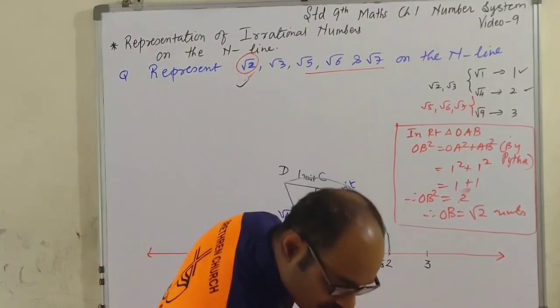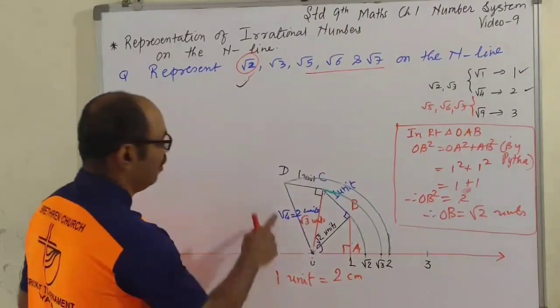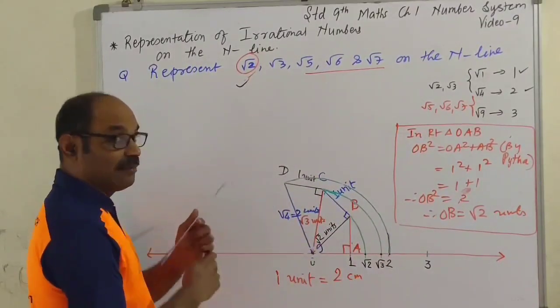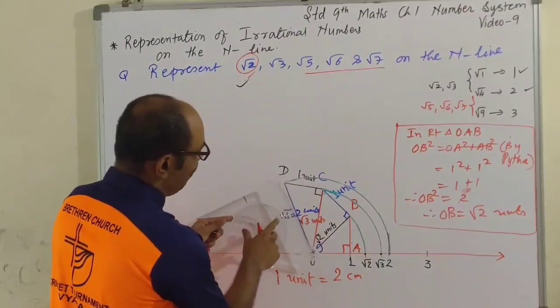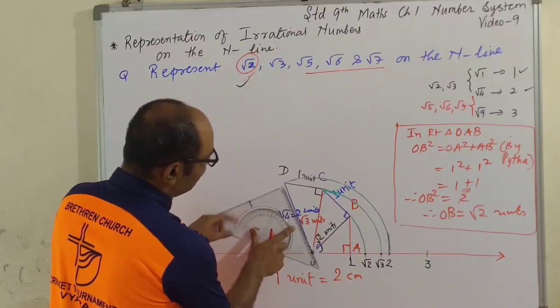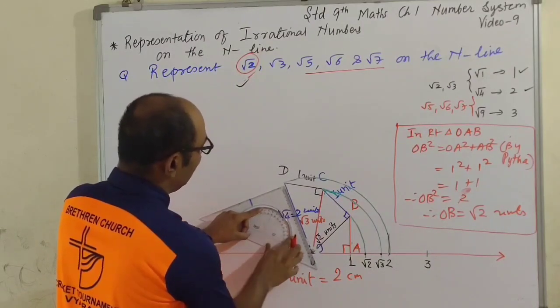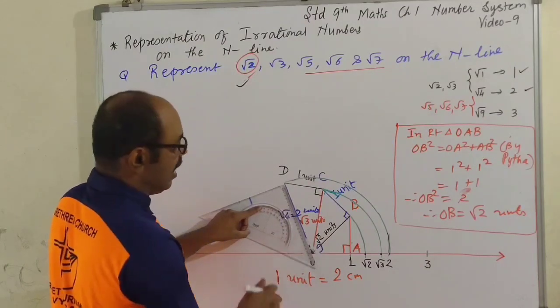Now see, next is √5. All right? So we'll construct another right triangle. This time the base is OD and perpendicular line segment of 1 unit length we have to draw. So I'll put one perpendicular edge along the side OD. Correct? दो चीजें ध्यान में रखना है.